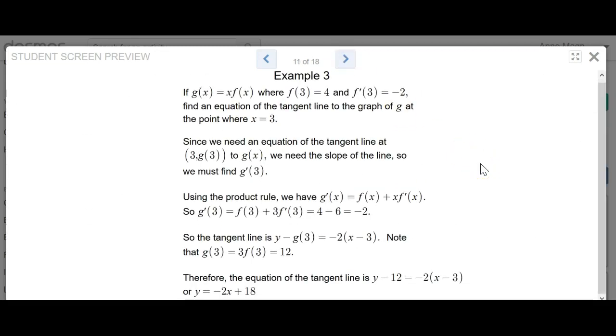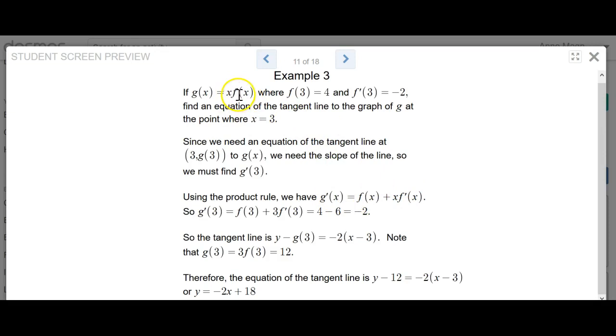Now this example is a little different. We're being given g of x in terms of this other function f of x. We're supposed to find the equation of the tangent line to g at the point where x equals 3. So we need to find the derivative of g because we're being asked for the equation of the tangent line. And of course the derivative at 3 would be the slope. So to find the derivative of g, we use the product rule.